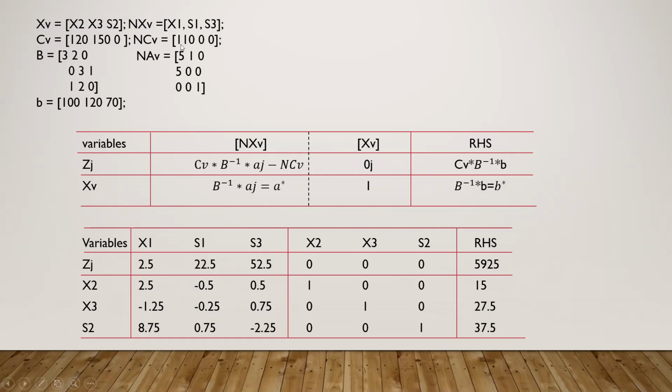And the NCV will be 110, 120, and 150. The same applies for B. So B in this case will be the identity, and N will be 532, 503, and 012. But the right-hand side doesn't change regardless of the iteration you are in. For example, the first iteration will be the same as the second. So this one remains the same.